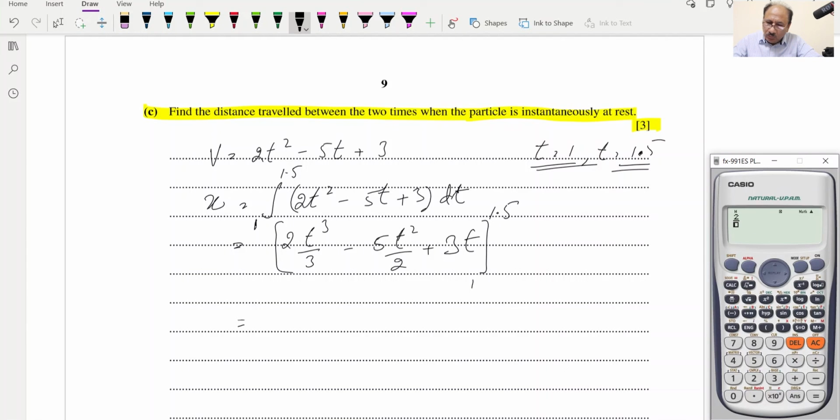So 2 over x, if you are feeling easy, you can directly replace the values, and this is just another way which I'm trying to explain so that you can use this method also.